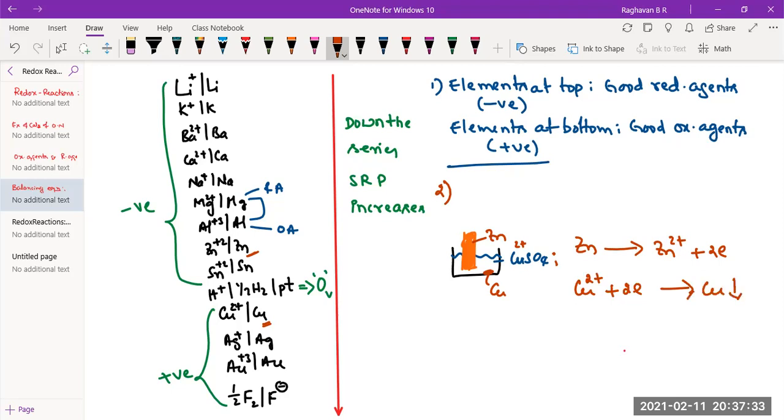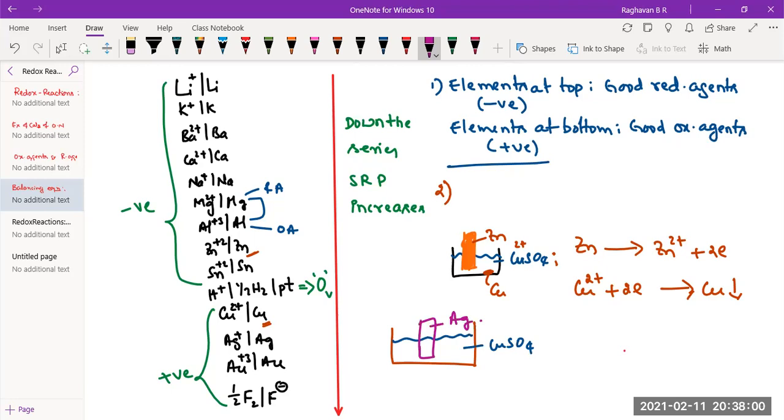Now, when you dip a copper rod into silver nitrate, what would happen? Copper is upar wala, silver is niche wala. Copper deta hai, silver leta hai. Or when you dip the silver rod into copper sulfate solution, what would happen?